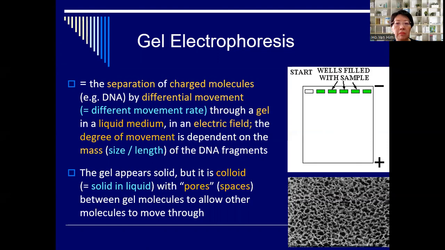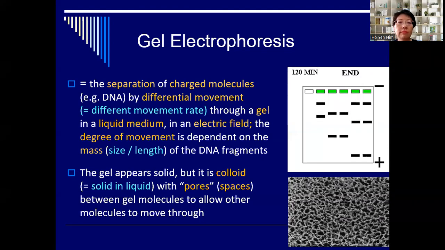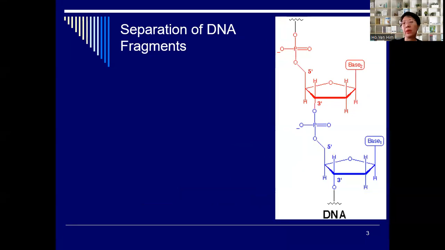They act as a barrier, so that larger molecules find it difficult to pass through. Smaller molecules can easily pass through the pores in the gel. So that's how we separate the DNA in the gel.